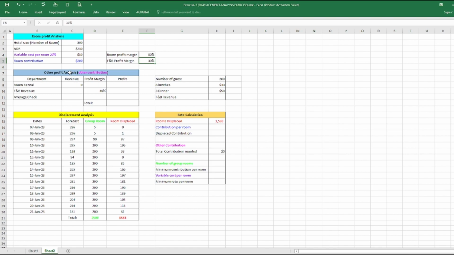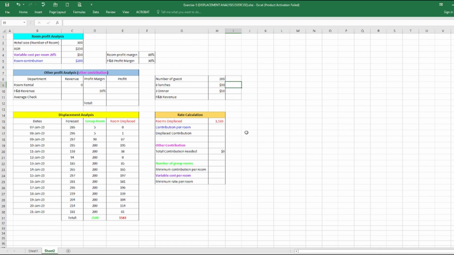So in here, let's talk about the room rental. There is no room rental because the guests take our suite room as their meeting room. But let's see the F&B revenue. We see here the number of guests is 200 guests, and the guests will take 8 lunches at $30 for 200 guests.